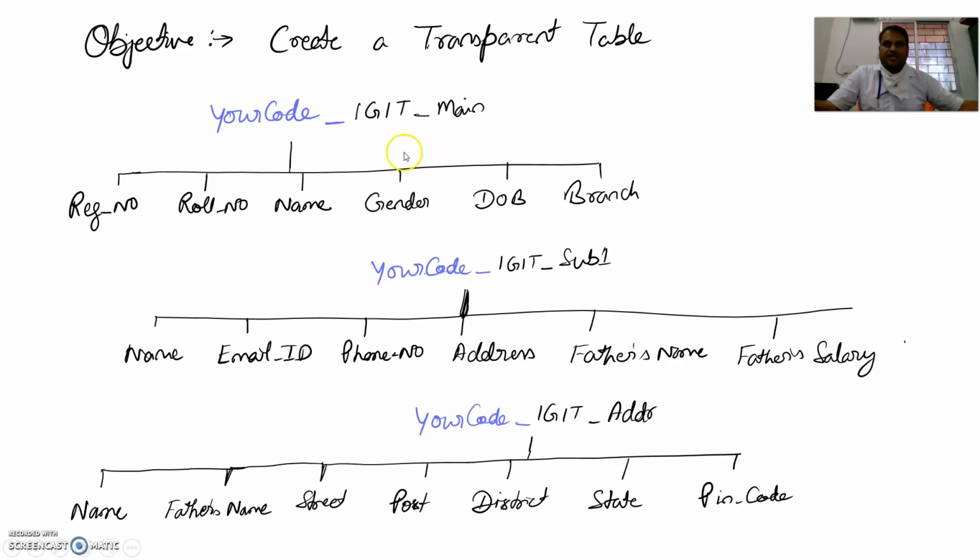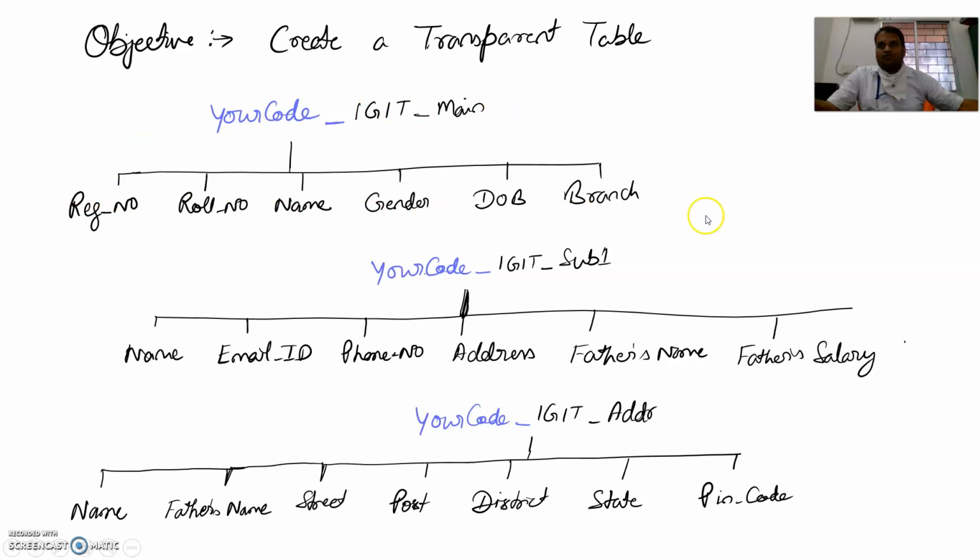In this example, this is the objective: we will create a transparent table like this. Let us create an address table first. One address table will be created, and we will try to link it with the table above. The entire table you can see is the personal data of the student. If we can link this name with the main name, then we can say the entire thing is the database collected at the college end.